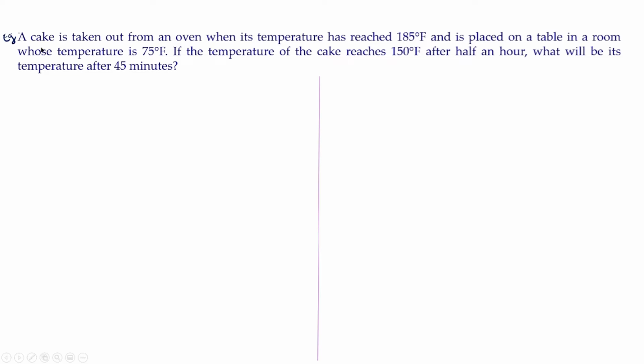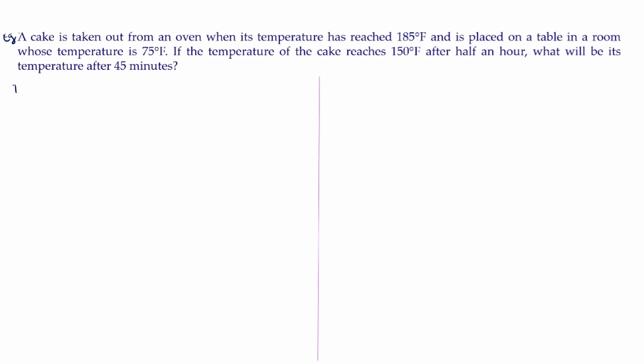So here, when the cake was taken out from the oven, the temperature was 185 degrees Fahrenheit and the room temperature is given as 75 degrees Fahrenheit. Then the temperature of the cake reaches 150 degrees Fahrenheit after half an hour. We need to know the temperature after 45 minutes.